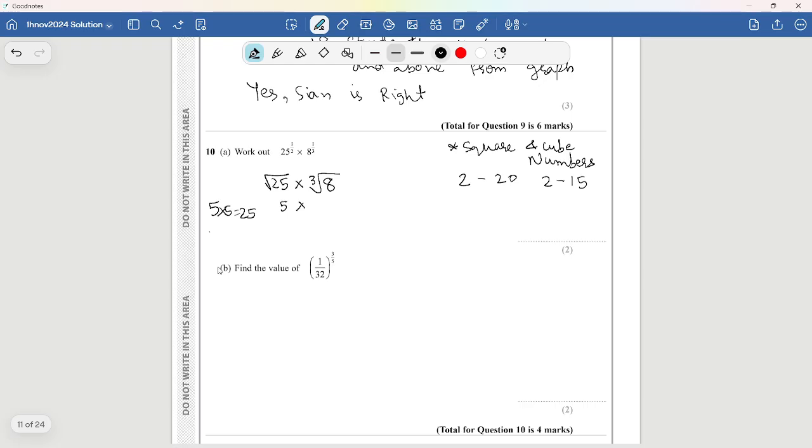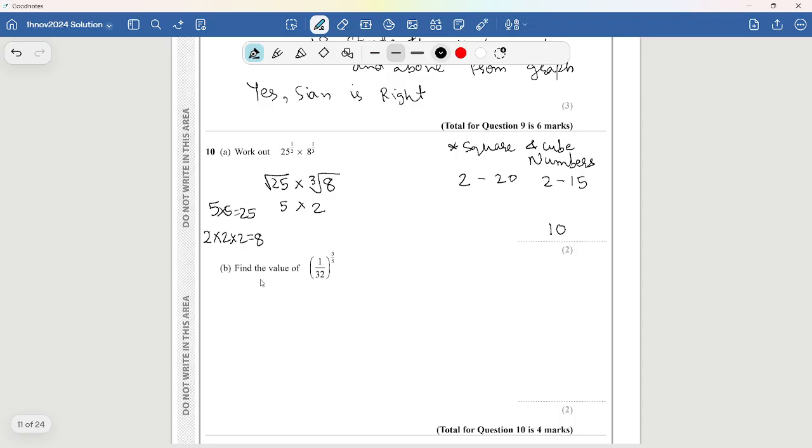Which number multiplies by itself 3 times to get 8? Again, you need to remember them. It's 2 times 2 times 2: 2 twos is 4, 4 twos is 8. So the cube root of 8 is 2. And the final answer when you multiply them is 5 times 2, which is 10. The answer is 10 here.